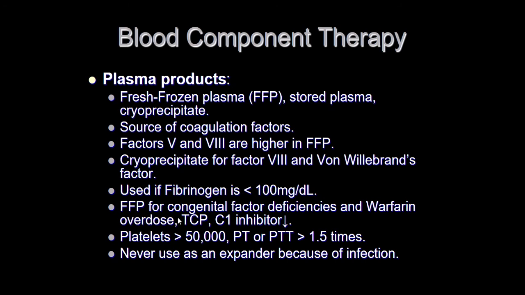Fresh frozen plasma for congenital factor deficiencies and warfarin overdose. So this is one of the emergencies. If warfarin overdose is used, we can use fresh frozen plasma, or TTP, for example, thrombotic thrombocytopenic purpura, or the C1 inhibitor deficiency, then we could use the fresh frozen plasma for that.